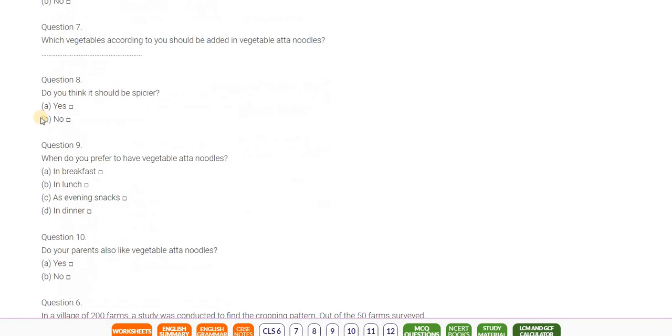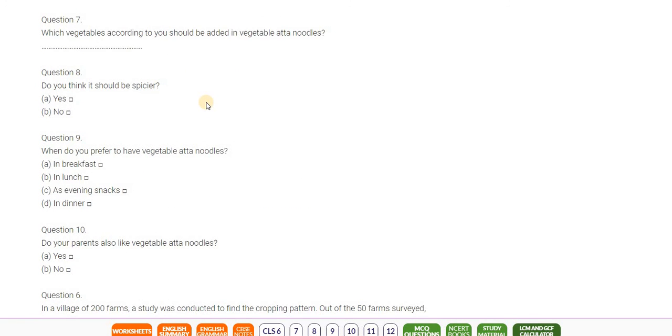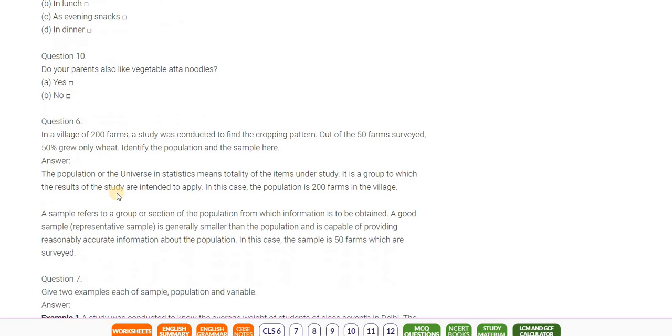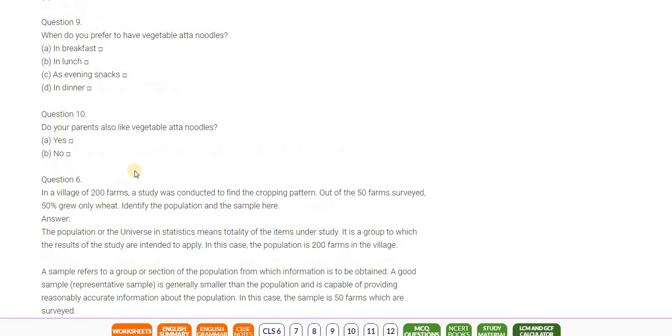Then question 8: do you think it should be spicier? Yes or no. When do you prefer to have vegetable atta noodles: in breakfast, in lunch, as evening snacks, or in dinner? Like that you need to ask lots of questions. Then you can give this questionnaire and conduct the research.